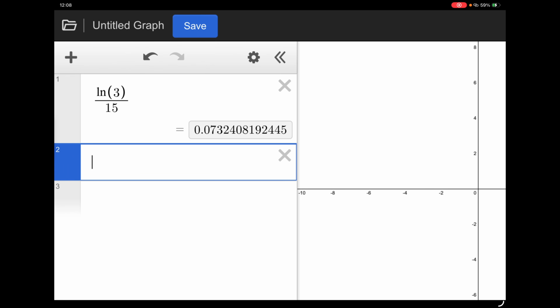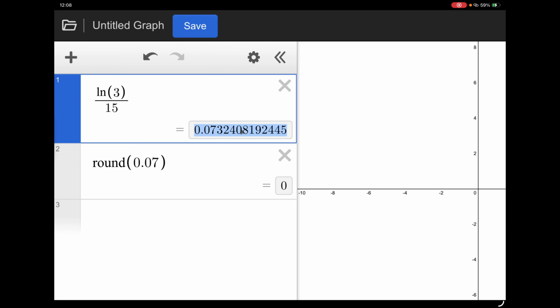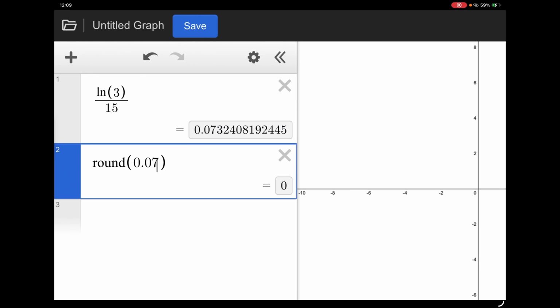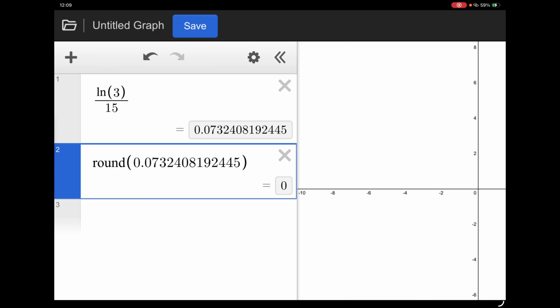Now, because we need to round, decimals has a nice feature: if I type in the command round, type in my decimal value, which I can just copy here, and then put a comma after that value and type in the number 3, it estimates that answer to 3 decimal places.